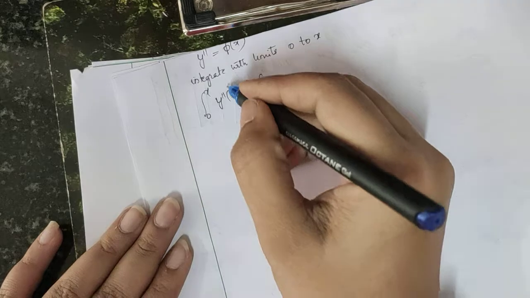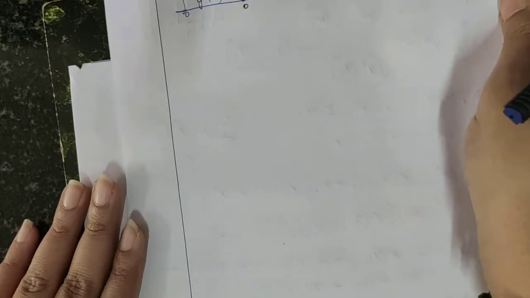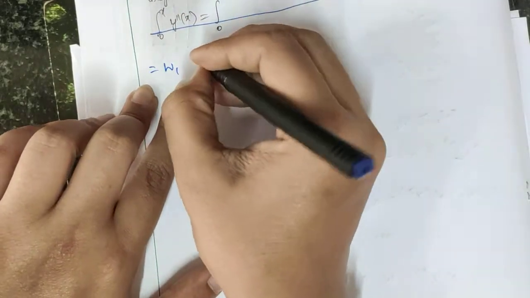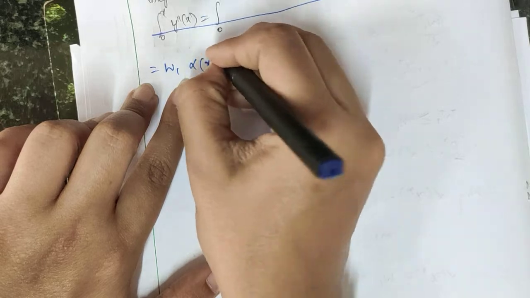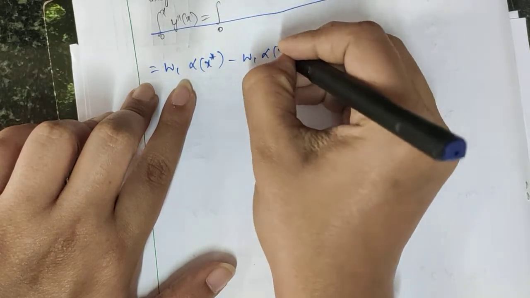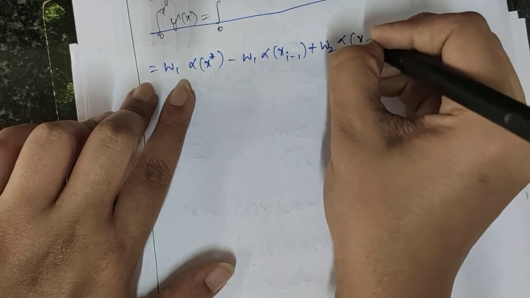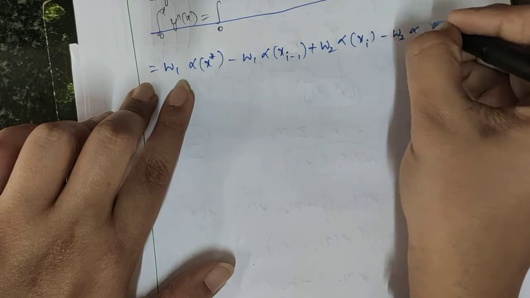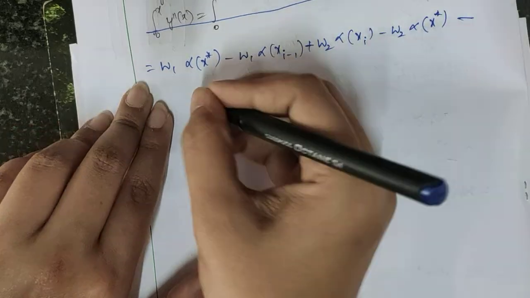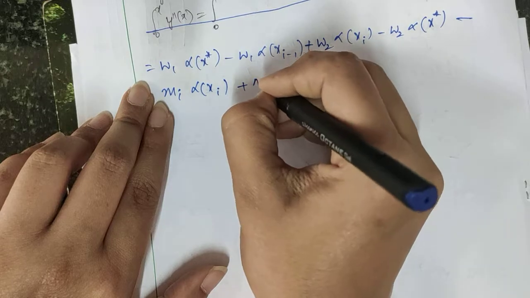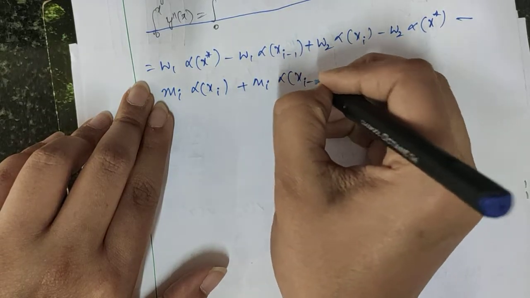So this equation becomes w1 alpha of x star minus w1 alpha of xi minus 1 plus w2 alpha of xi minus w2 alpha of x star minus mi alpha of xi plus mi alpha of xi minus 1.